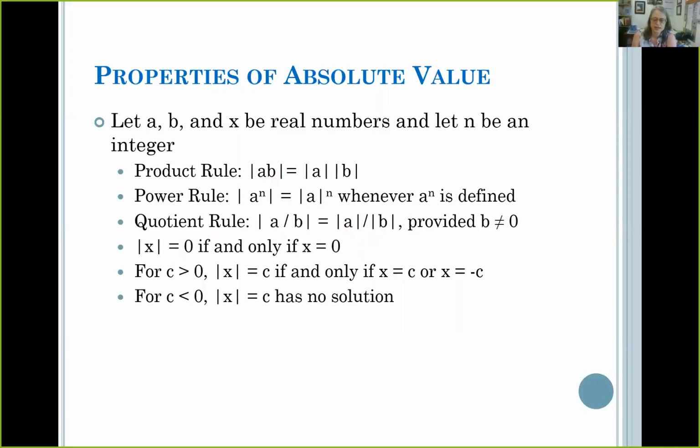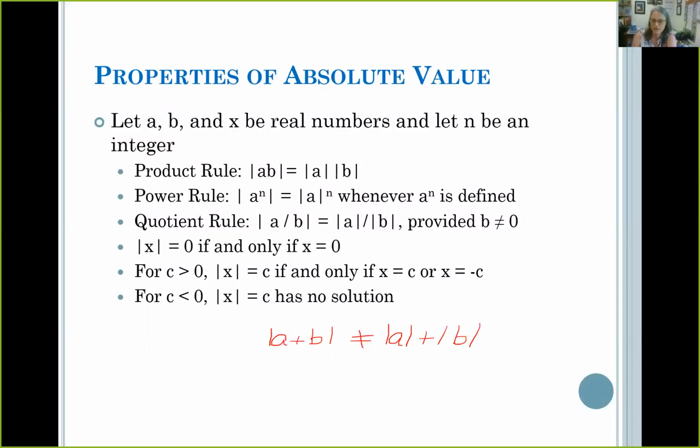So what I'm saying is, be very careful that you realize that the absolute value of A plus B does not equal the absolute value of A plus the absolute value of B. It might, but it might not. Because remember what this means.